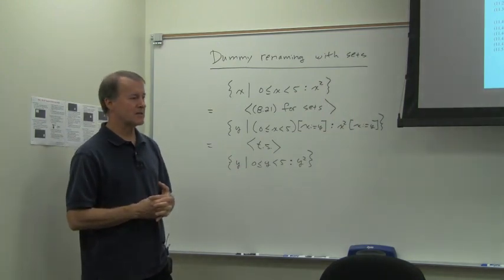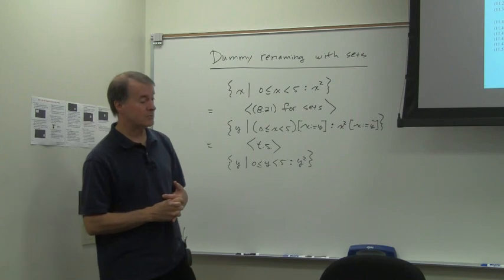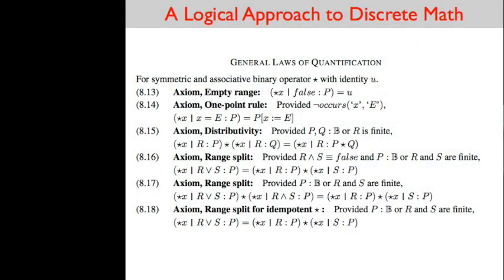Let me think about that. Can you do any of them? That's a good question. Like one-point rule, range split, no. Even distributivity, no. I guess what I'm saying is range doesn't even make sense.